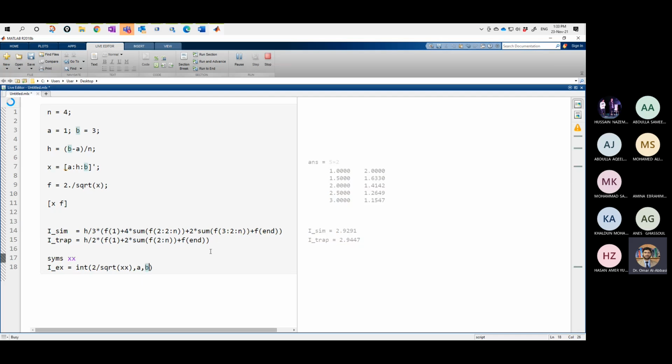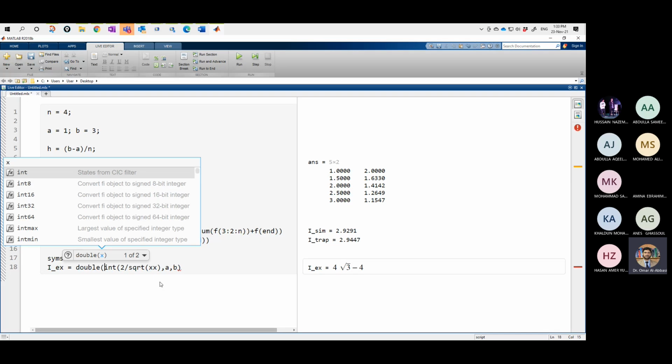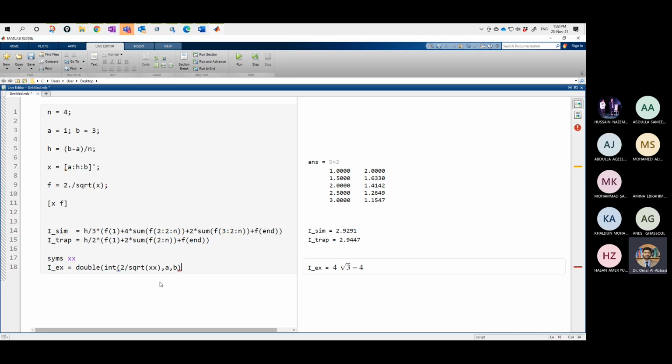Of course that value won't give you a rational number, so we said convert it to double in order to have it as a rational number. 2.9282, which you can clearly see shows that Simpson's rule is more accurate in comparison to the trapezoidal rule, having the same number of intervals.